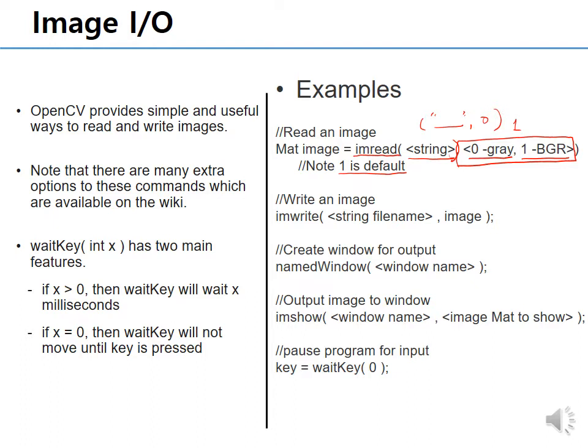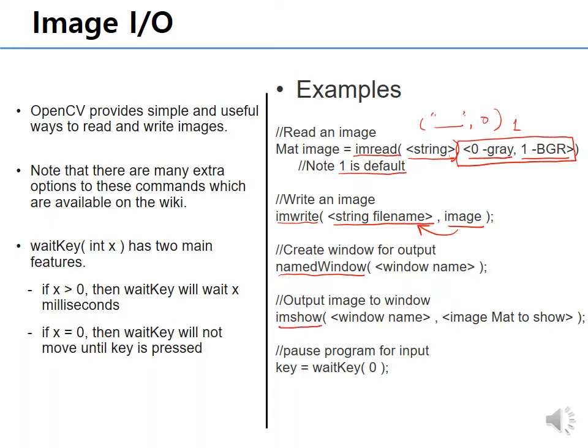And imwrite is for writing an image. So this is a file name and the image that will be written in. And namedWindow creates a window for output.